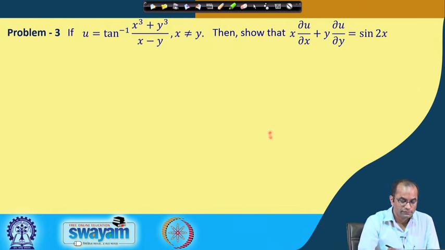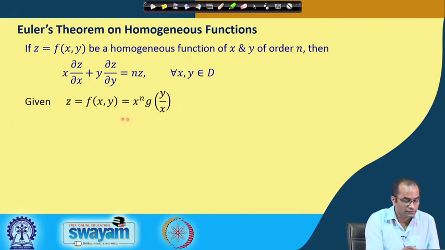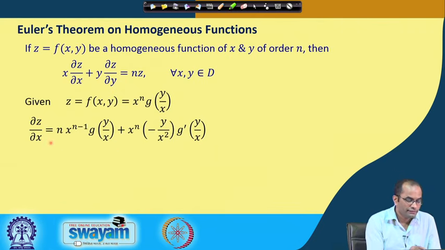So, if it is a homogeneous function of x and y of order n, we can write down that z is x power n times g of y over x, and then we know already how to differentiate with respect to x. So, here when we take the partial derivative of this with respect to x, we have to differentiate: n x power n minus 1, and g of y over x remains as it is here, product rule.